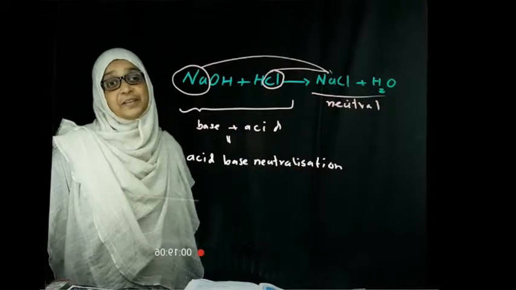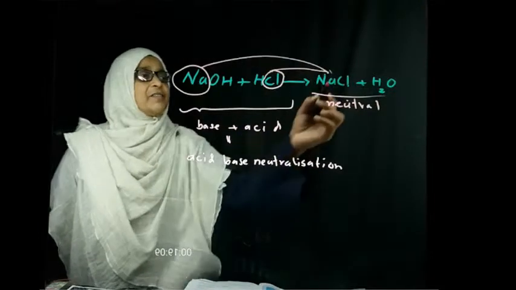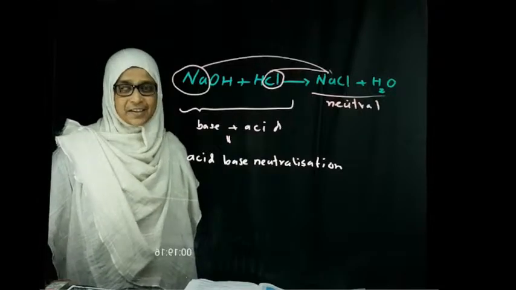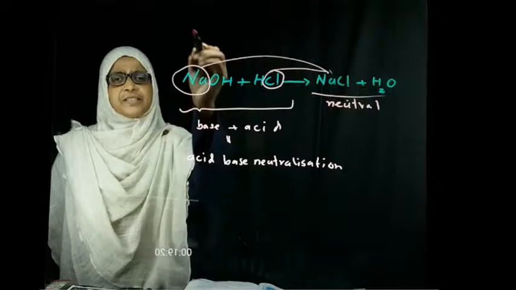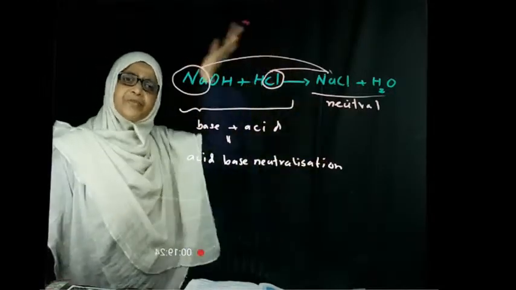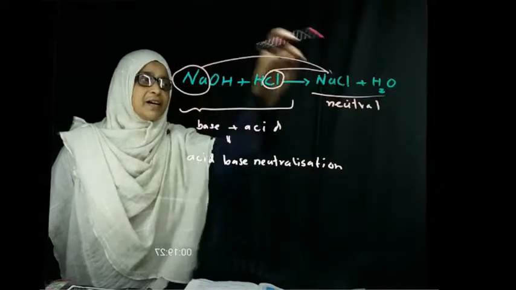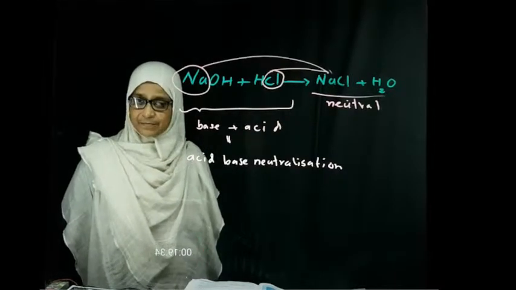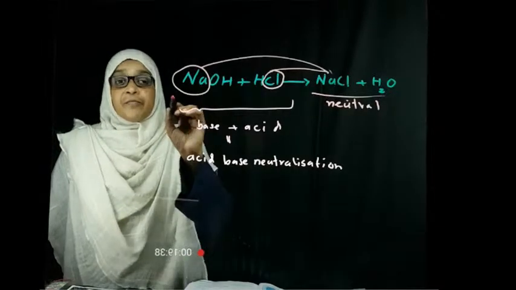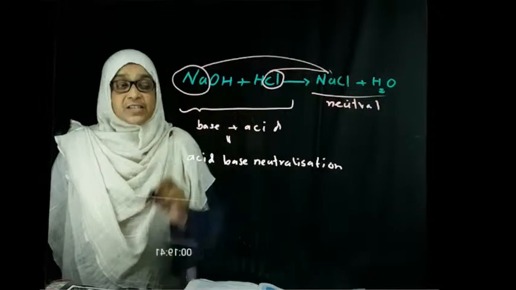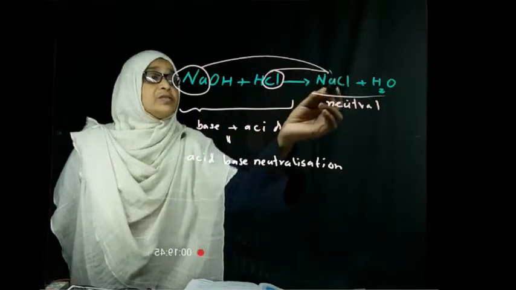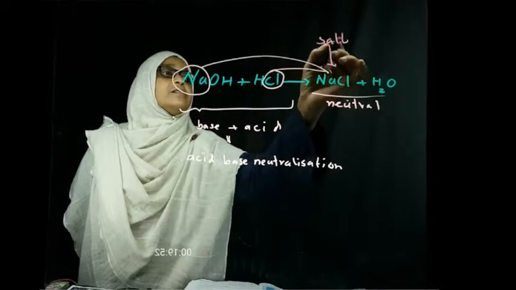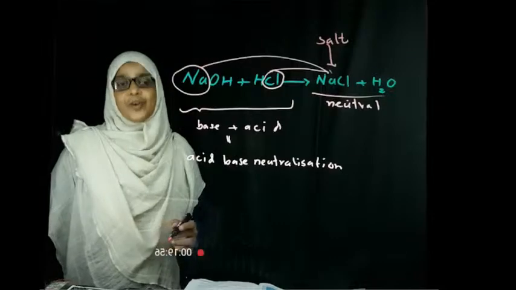Acid is also a type of temper, but after reacting it becomes cool, neutral. Acid-base neutralization is reacting an acid and a base and producing a salt and water. Salt and water.